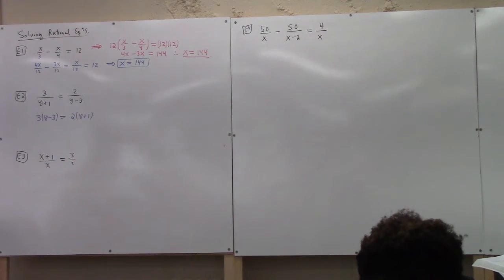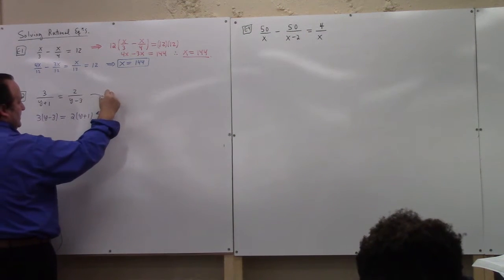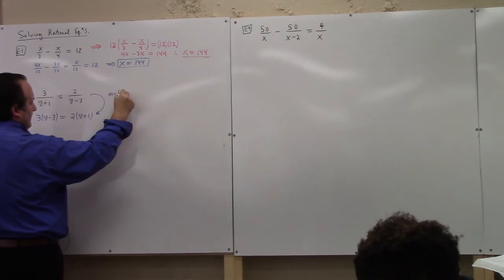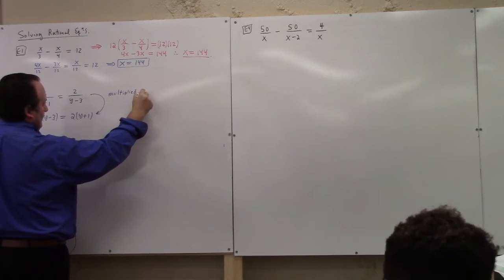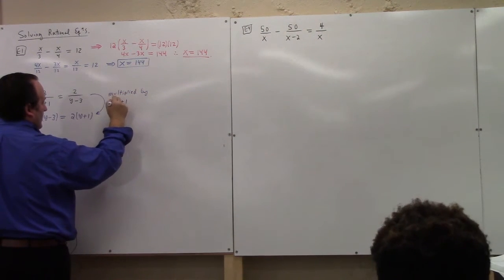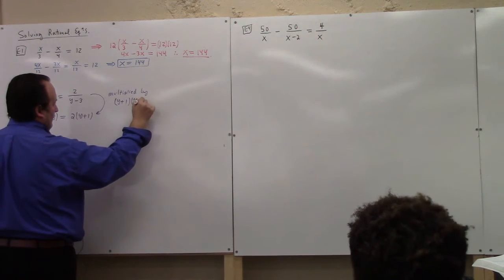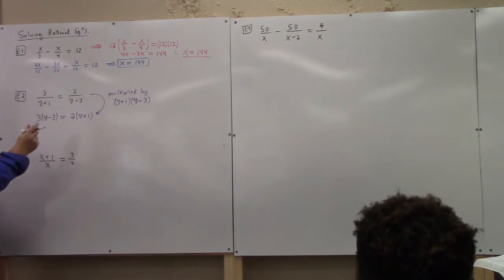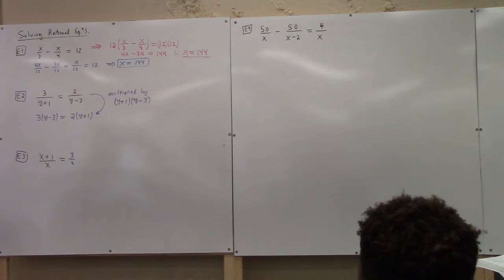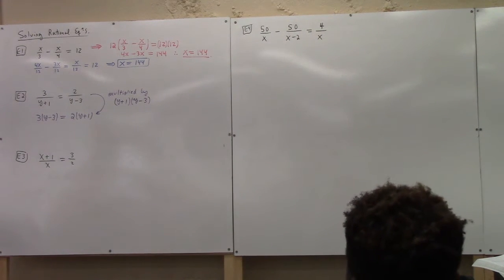So what I've done to get from here to here, what did I do? I multiplied by y plus 1 times y minus 3. If I multiply the equation by that, the y plus 1 cancels on the left-hand side, and the y minus 3 cancels on the right-hand side.